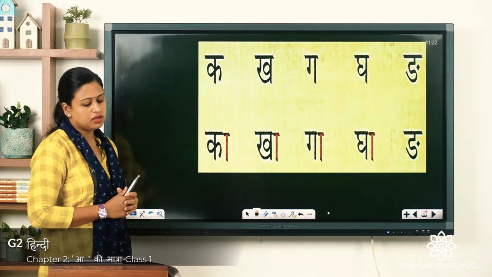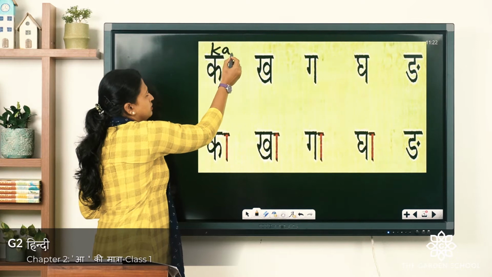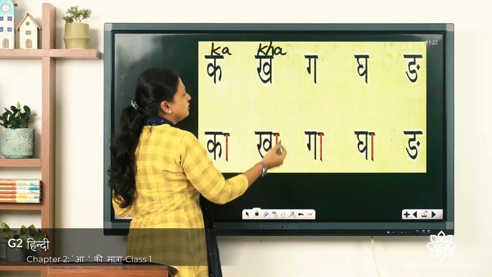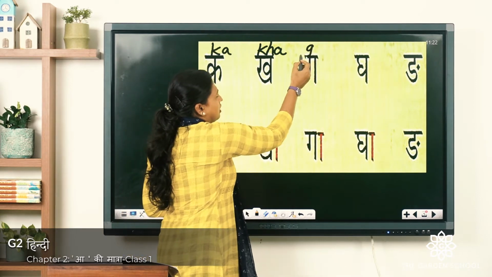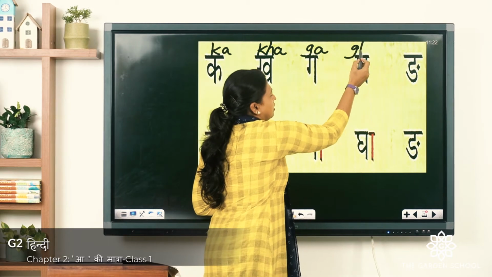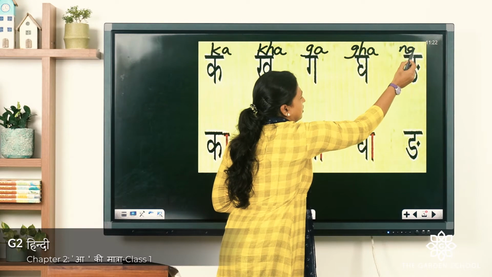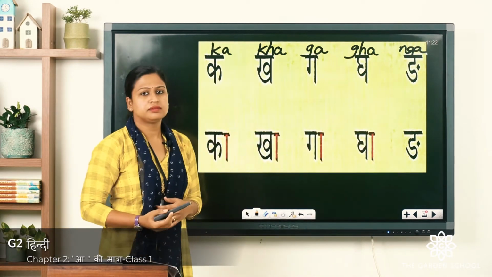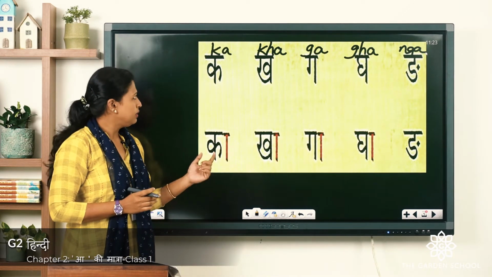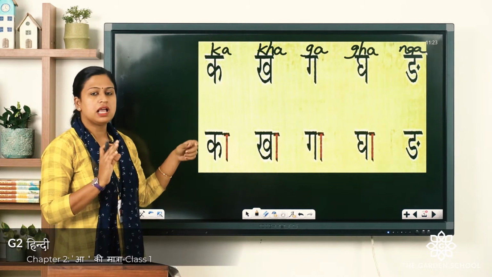Now here you can see the use of the Aa symbol with the given consonants. So we know the consonants are ka, kha, ga, gha, nga. Now we are going to use this Aa symbol with the given consonants.